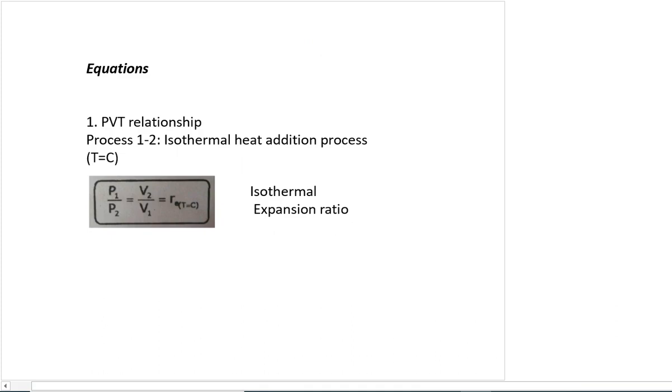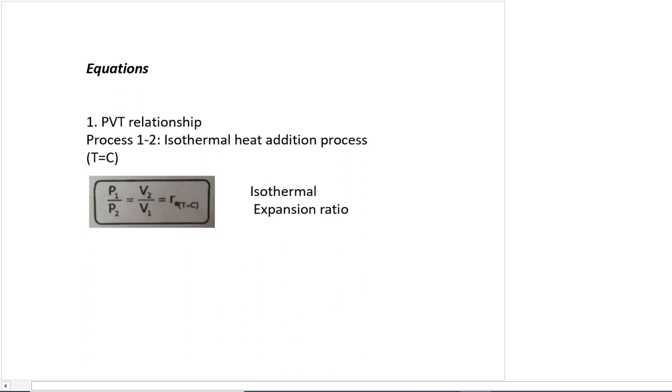Ito naman yung equation. So, from PVT relations sa process 1 to 2, isothermal heat addition process, na-cancel po yung temperature.